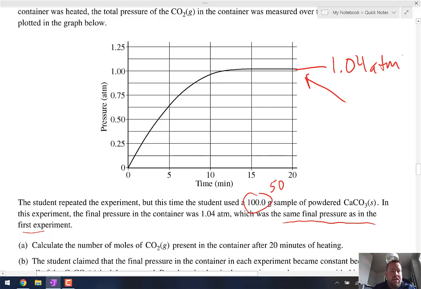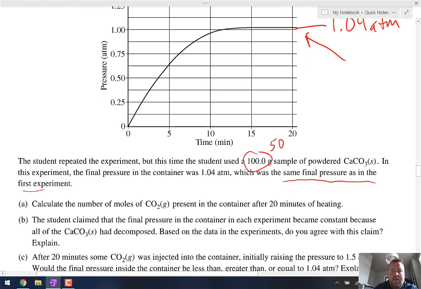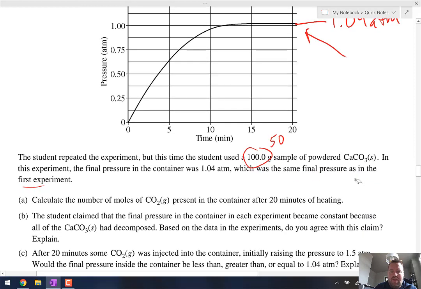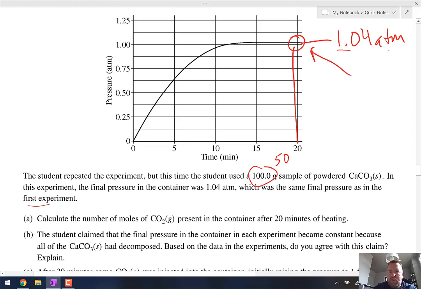So part A says calculate the number of moles of CO2 gas present in the container after 20 minutes of heating. Well, we know at 20 minutes here we are clearly at equilibrium. That pressure is not going to change. It's 1.04 atmospheres. So we know that n equals PV over RT, and the pressure is 1.04 atm.